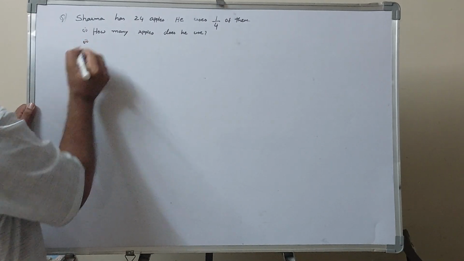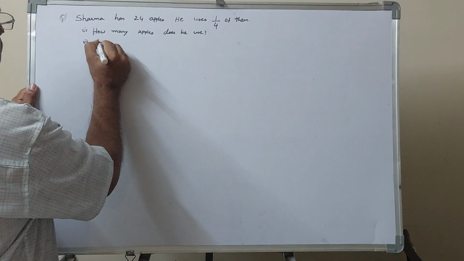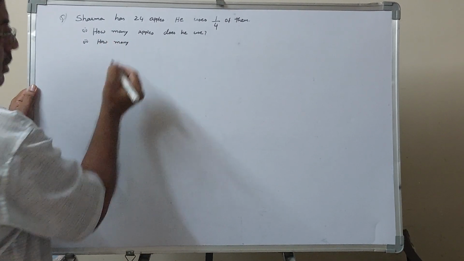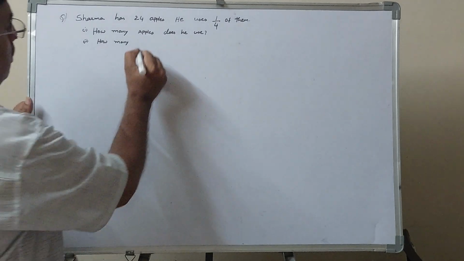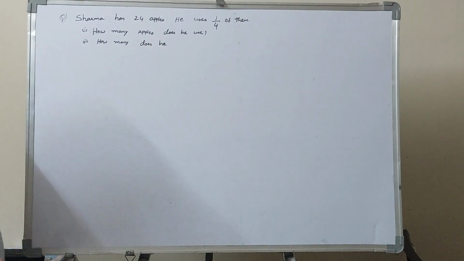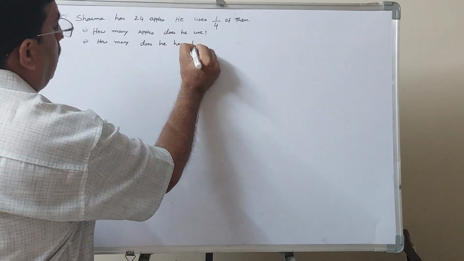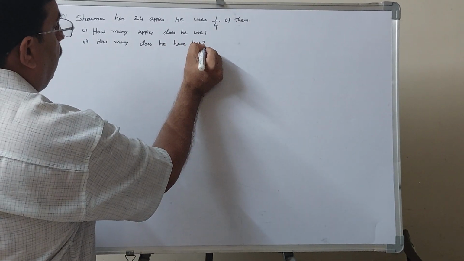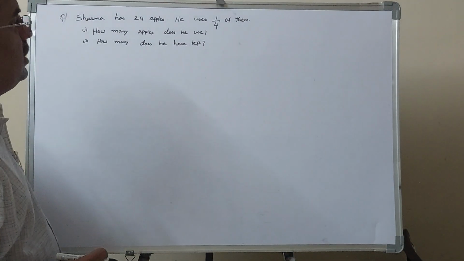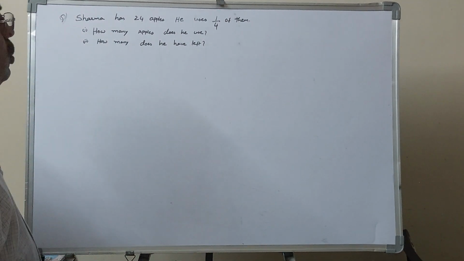Second one is, how many does he have left? Here see the question. Sharma has 24 apples. He uses 1 by 4 of them. How many apples does he use?